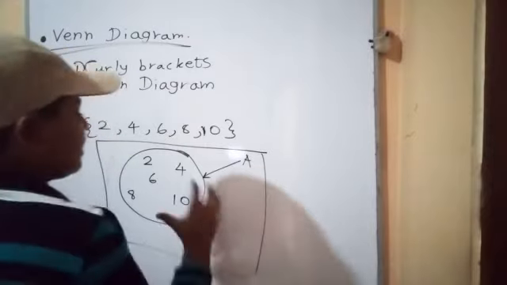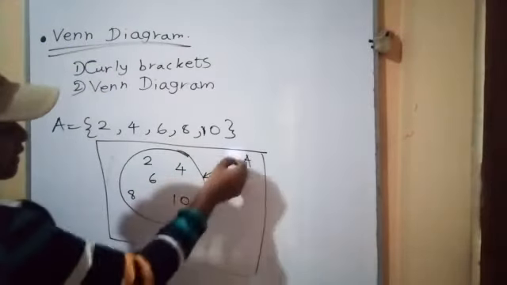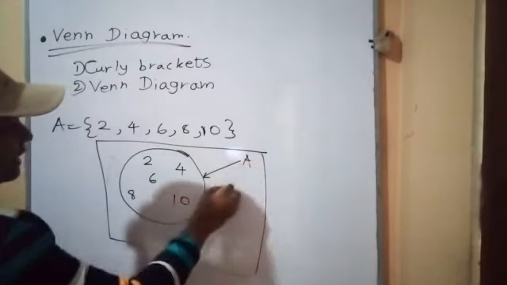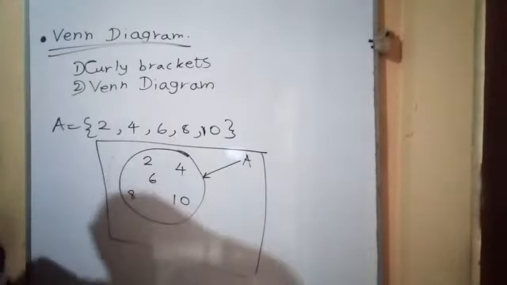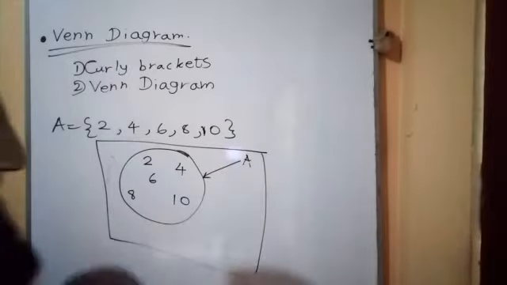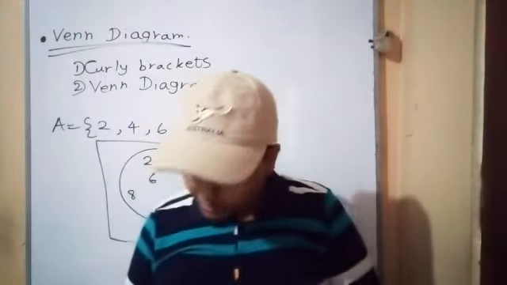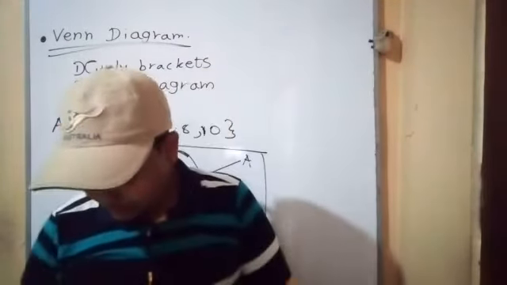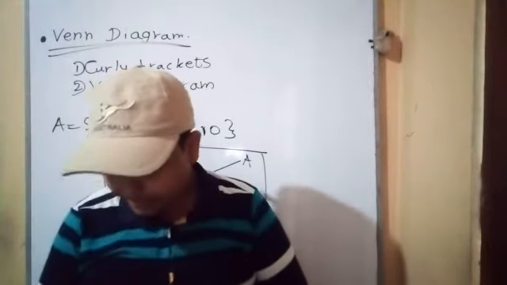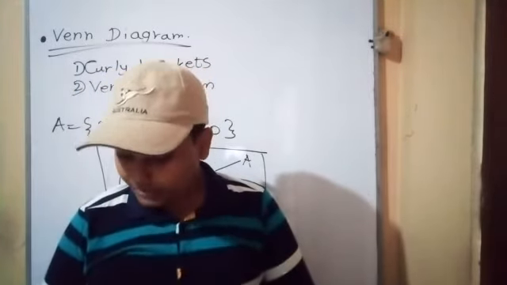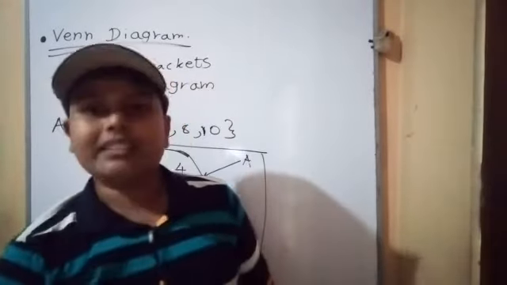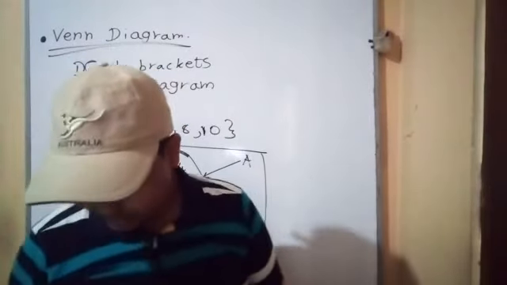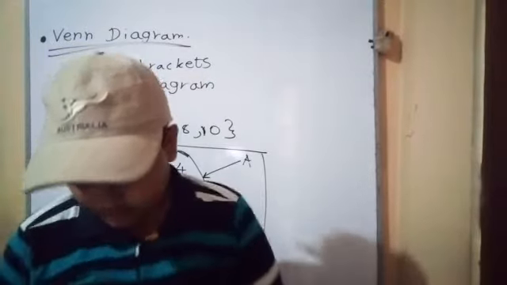Draw a circle, name that set A, the English letter, and write the elements in this closed figure, the circle. This method of representing a set by a figure was introduced by the English mathematician John Venn. Therefore, such a closed figure is called a Venn diagram.